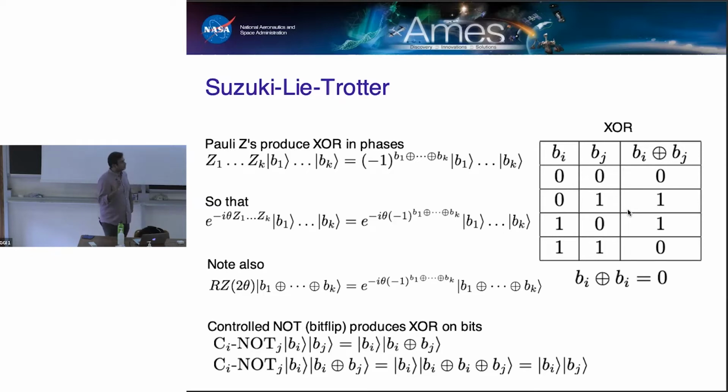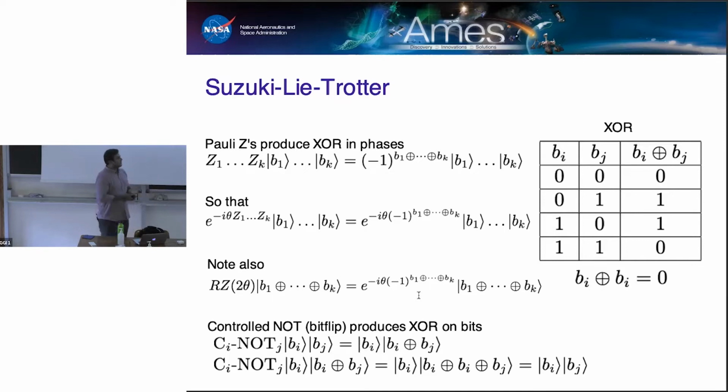And so e to the -i theta times the product of those Z's is precisely this particular phase, which again depends on the exclusive OR. But now notice that RZ of 2 theta acting on 1 qubit, which somehow stores the exclusive OR of all those bits, also produces exactly the phase that I'm looking for.